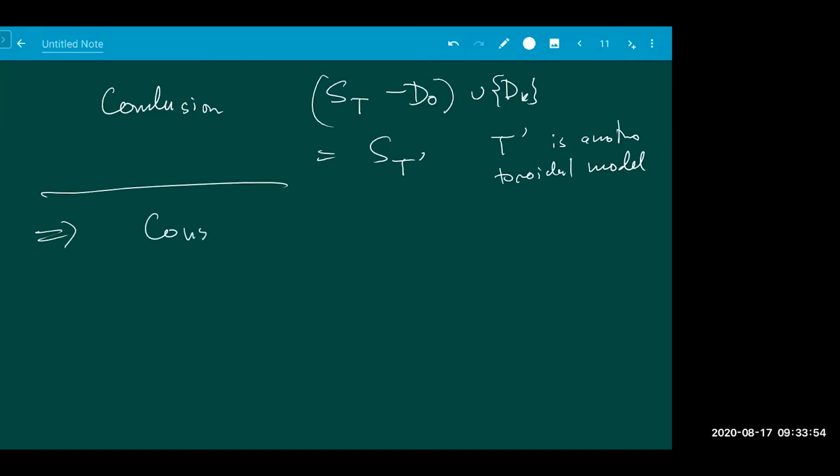Consider a subset in S, call it maybe big X, which is ST union a certain finite set.